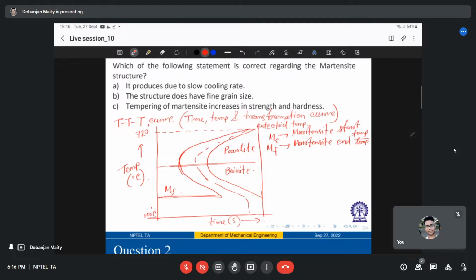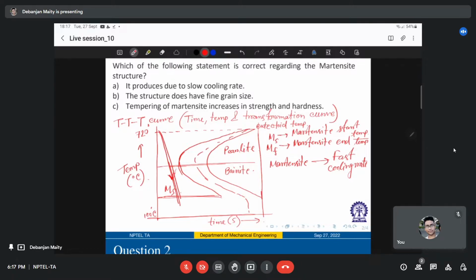Now, to get the martensite structure in steel, you have to have a fast cooling rate. So martensite basically depends on fast cooling rate. Let's say we are cooling it something like this.